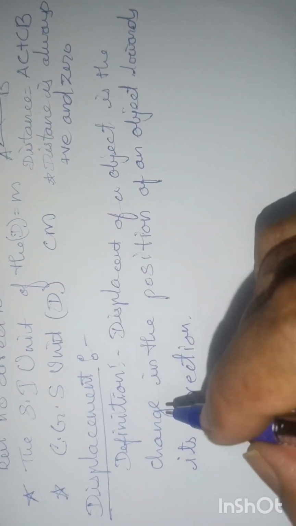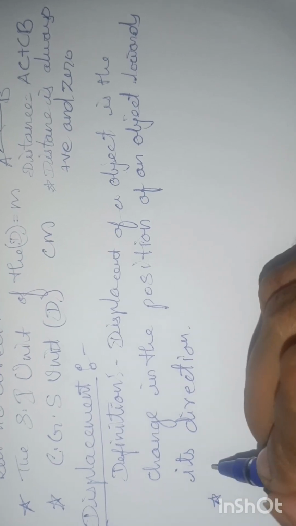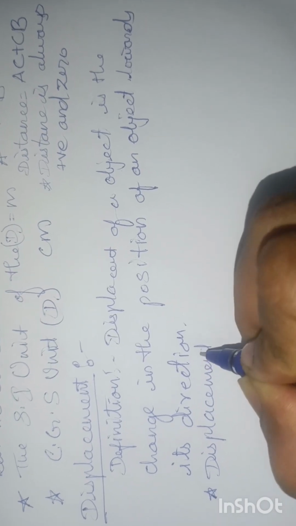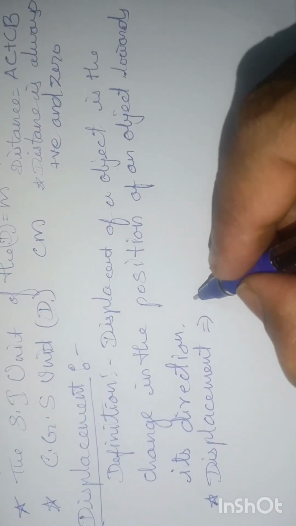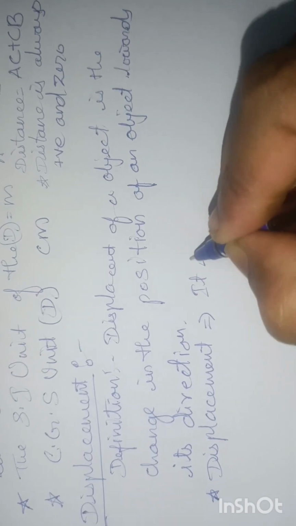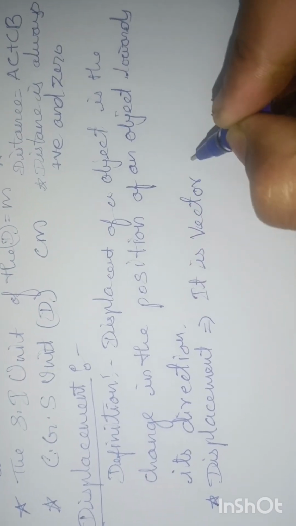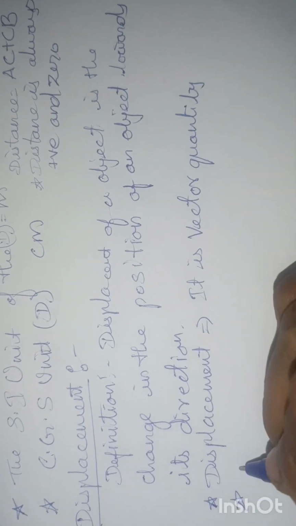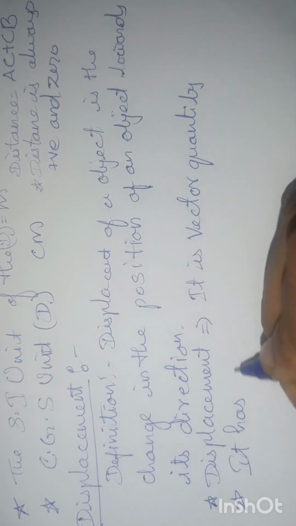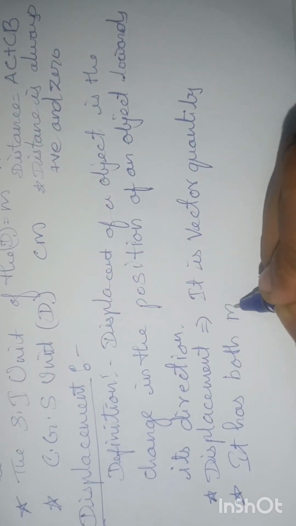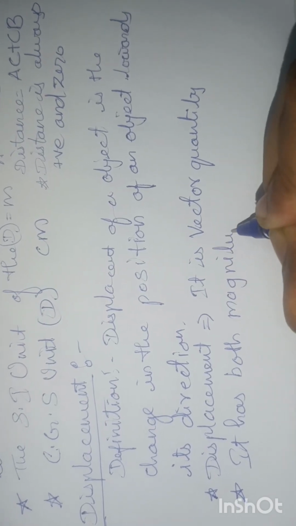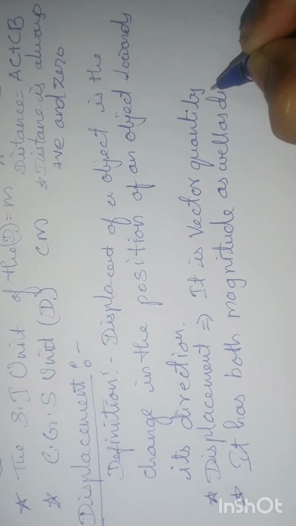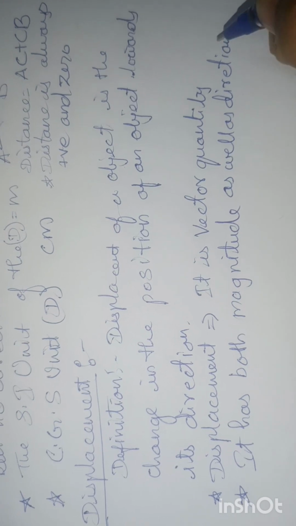And displacement is always a vector quantity. As we know very well, it has both magnitude as well as direction. That means it is a vector quantity.